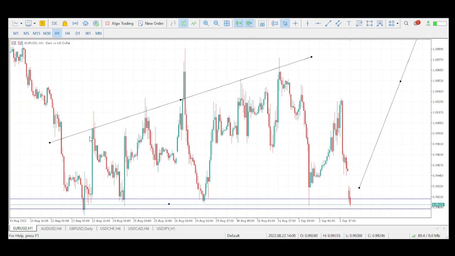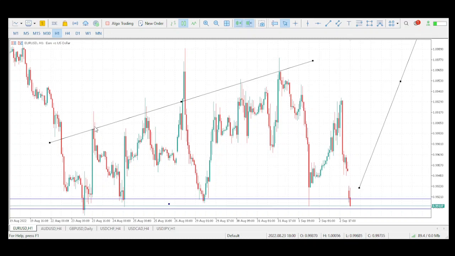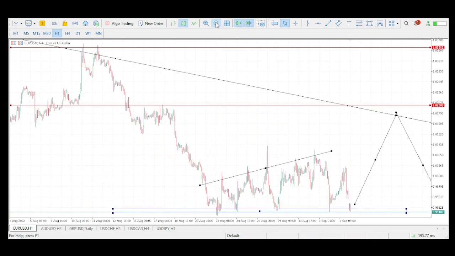In a valid trend line we must see a minimum of 2 touches. Let's say we have 1, we have 2 here, it touches the wick, we have 3, so it's still valid.